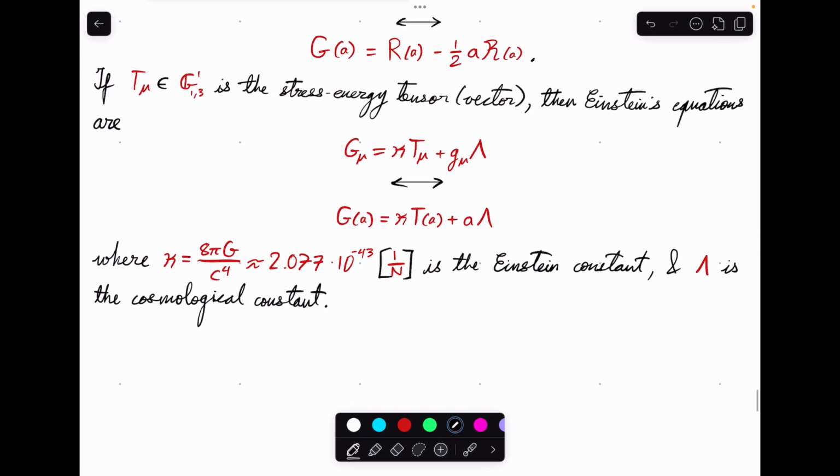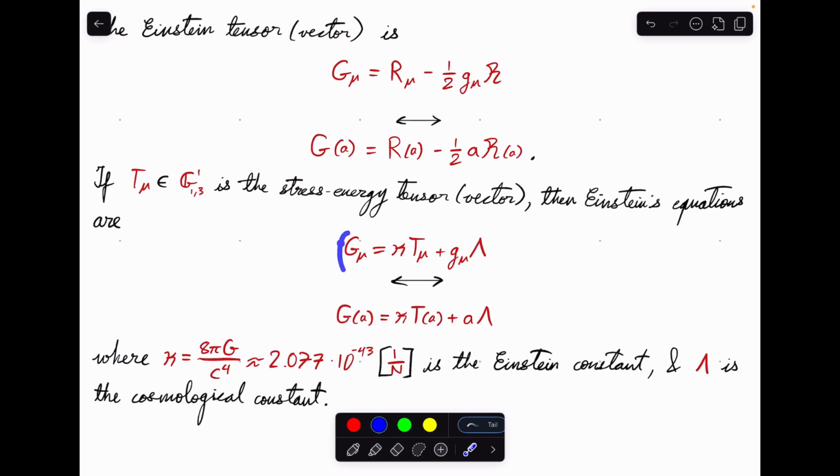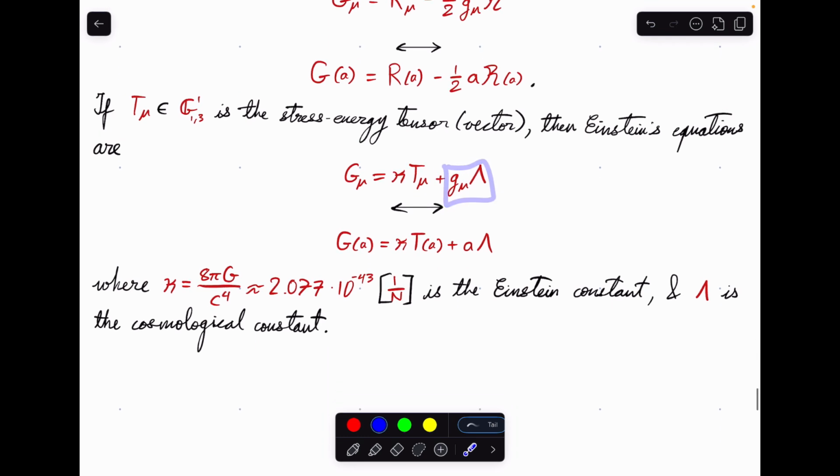And so these are the Einstein equations for general relativity in geometric algebra. It's just telling you that the Einstein tensor is just the curvature. It's telling you that the curvature is equal to some proportion of the stress energy of the system plus some constant. And originally, when Einstein created this, he added this term so that he could artificially define the universe as static and not expanding, not contracting.